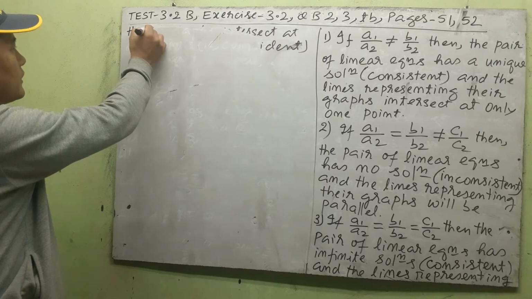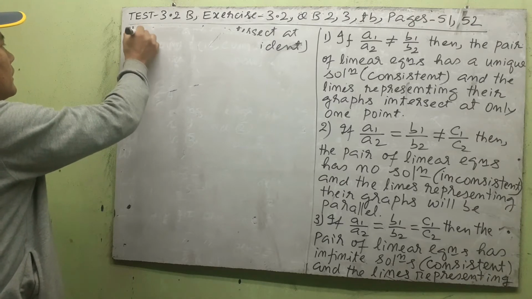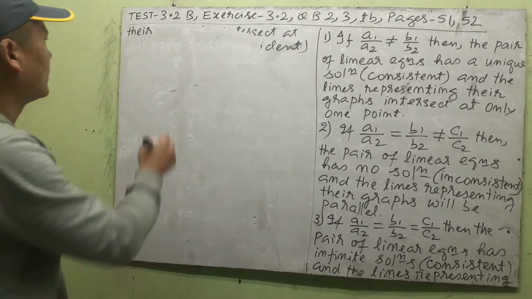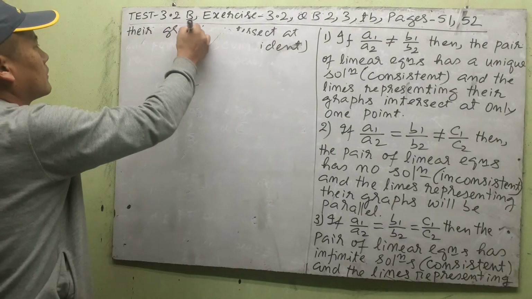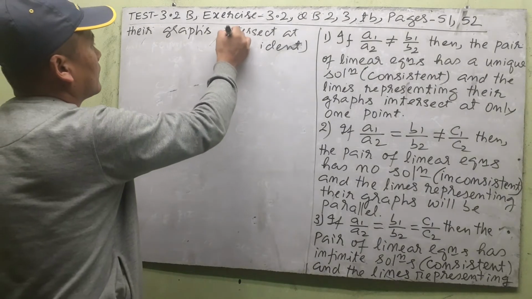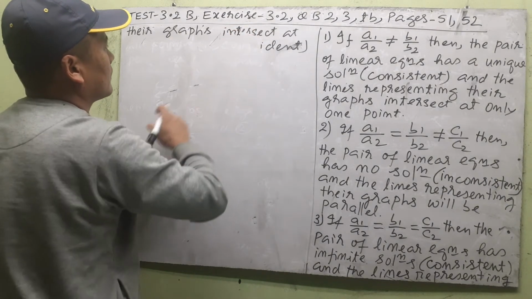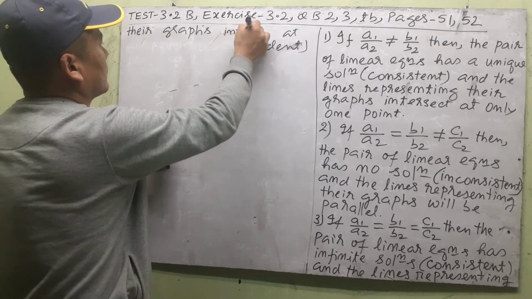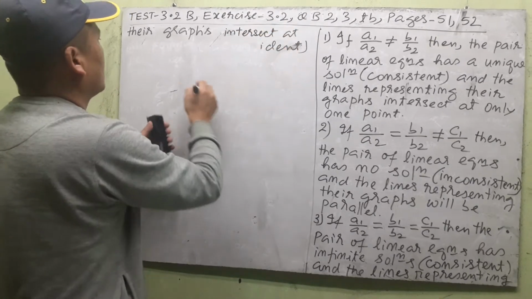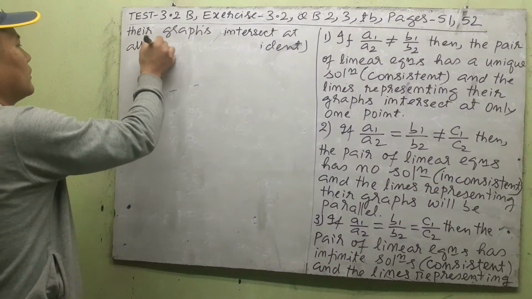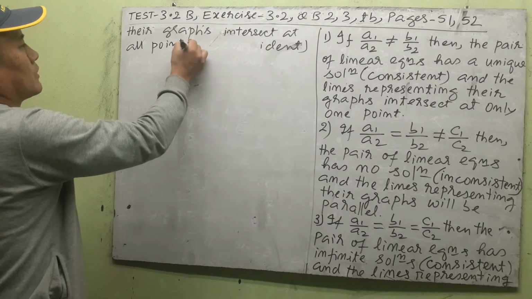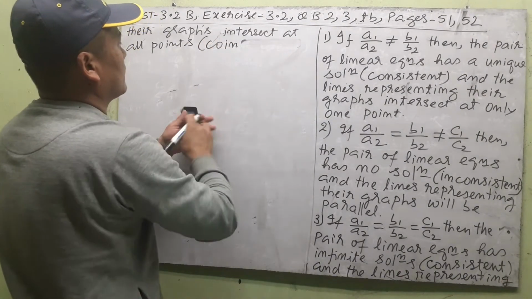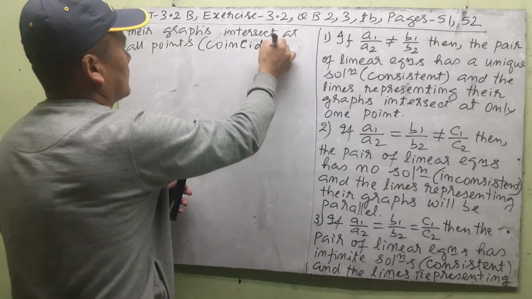And the lines representing their graphs intersect at all points, and all points means the graphs are coincident. It's the same line, that means.